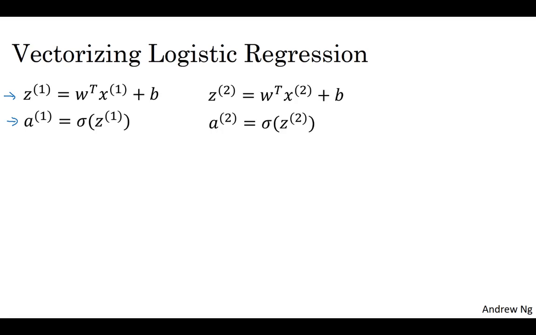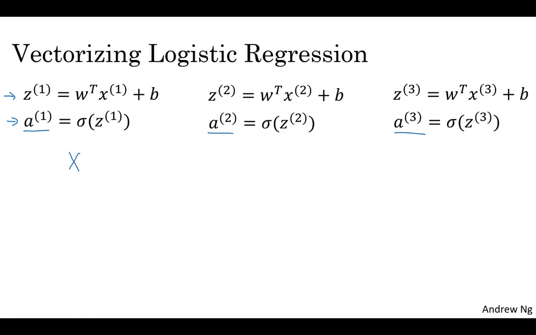Then to make a prediction on the third example, you need to compute that, and so on. And you might need to do this m times if you have m training examples. So it turns out that in order to carry out the forward propagation step, that is to compute these predictions on all m training examples, there is a way to do so without needing an explicit for loop. Let's see how you can do it.